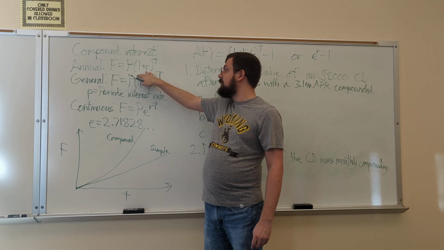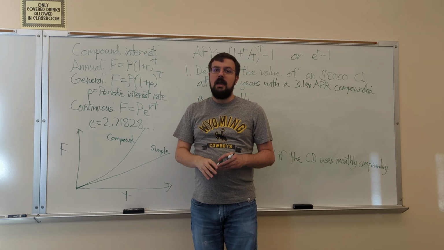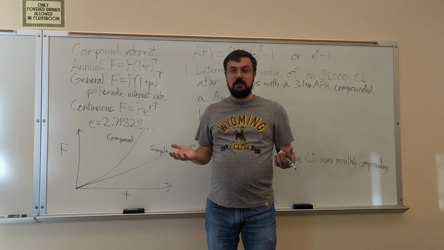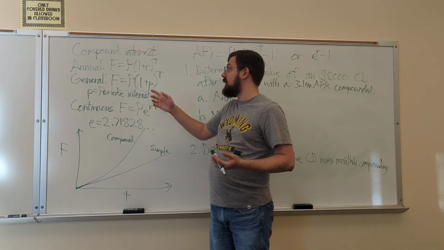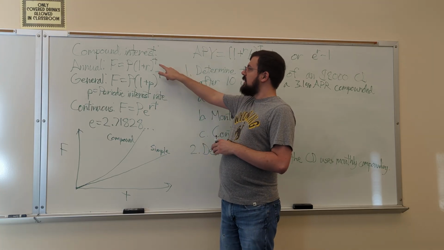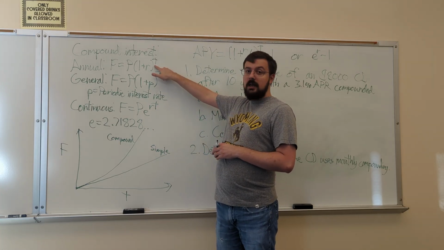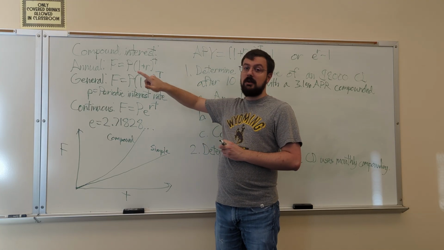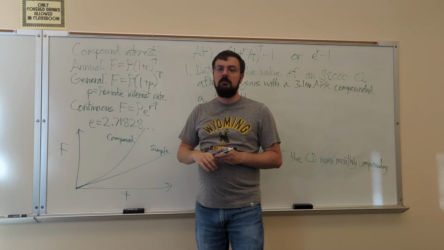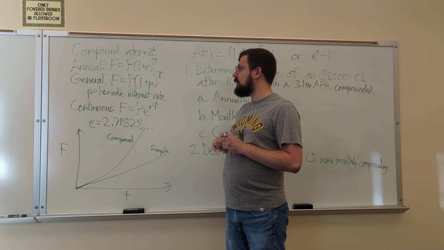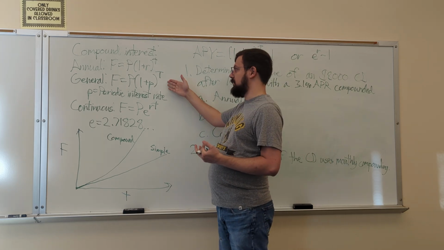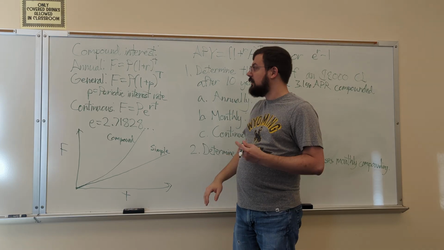As mentioned in the last video, R is basically our APR, our annual percentage rate, which is our interest rate. And in this case, this lowercase r is expressed as a decimal. And lowercase t is our term, which is going to be in number of years when we're dealing with annual compounding.